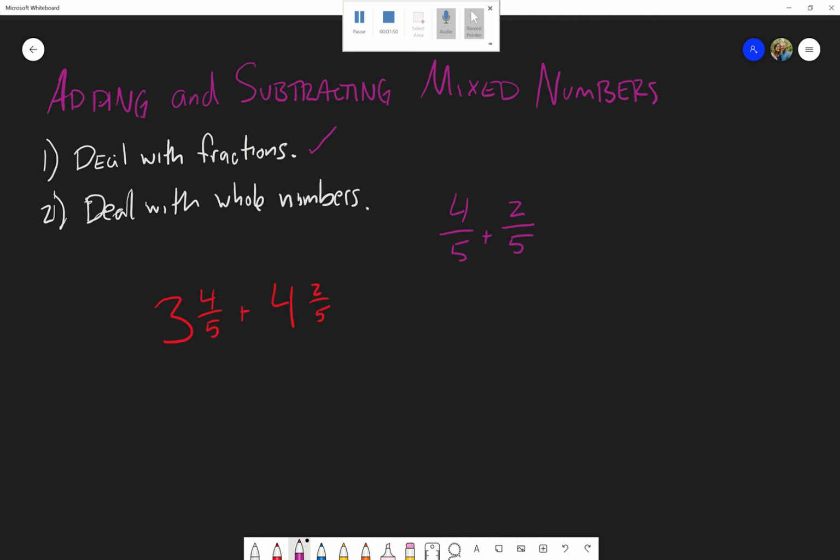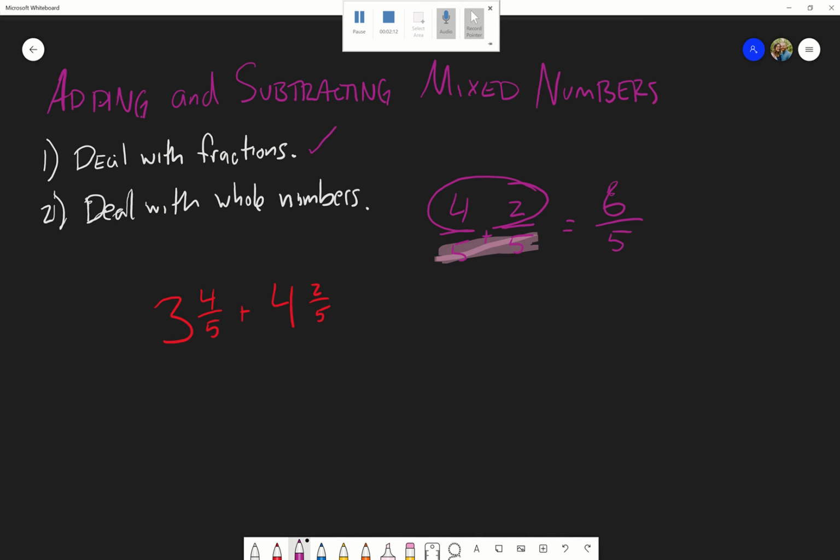Now, what do I need to do in order to be able to add my fractions together? What do I need to have? Yes, I need to have common denominators, and I do. My 5s are the same, so my answer will be a fraction with a denominator of 5. And then I add up my top numbers. 4 plus 2 is 6.